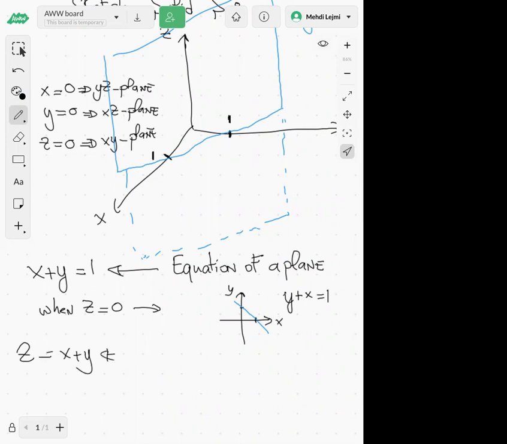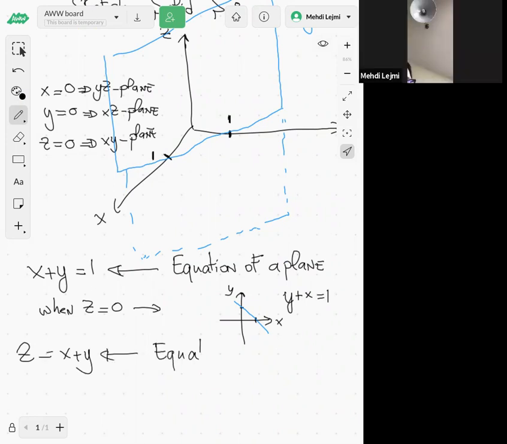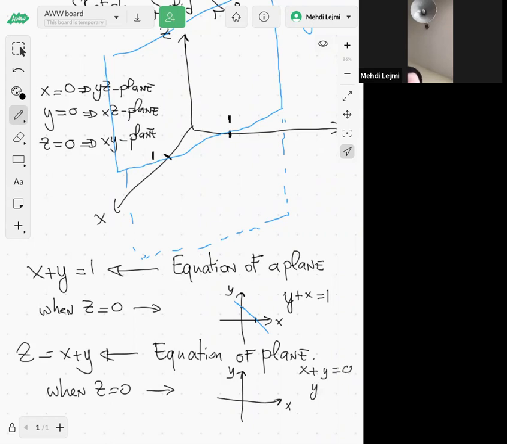That's an equation of a plane. For example, when z is 0, you're gonna get a line x plus y equals to 0. So in other words, y is equal to minus x.